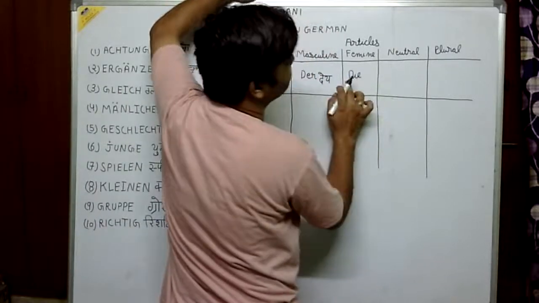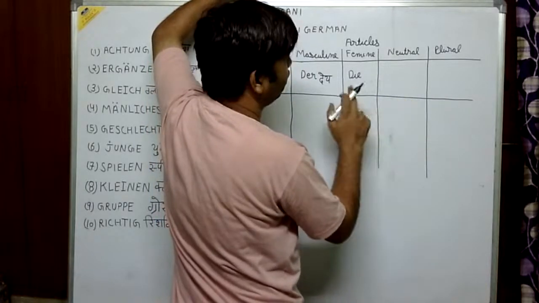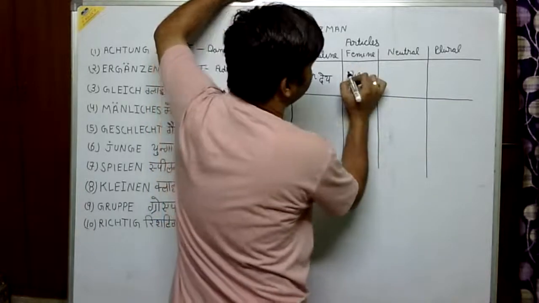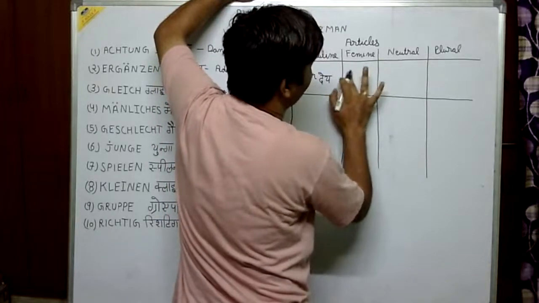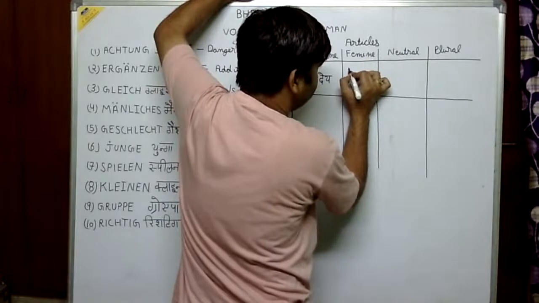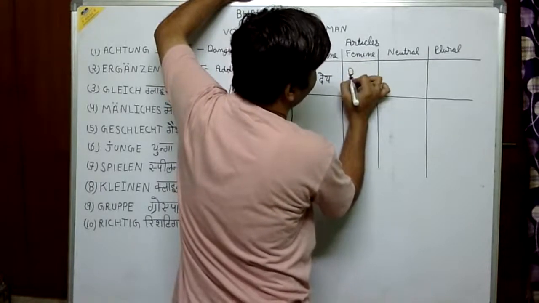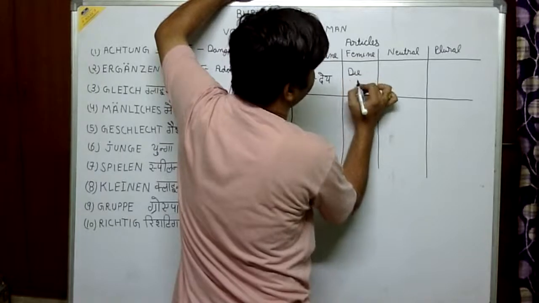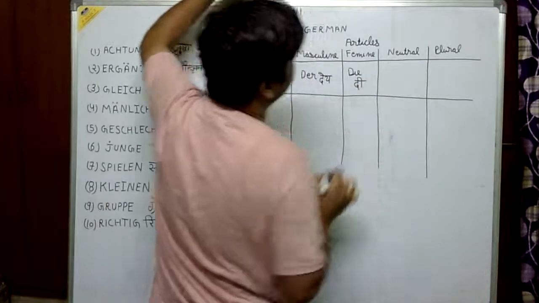Don't call it "die" as we pronounce it in English. In English we pronounce this word as "die", but this is not "die". This is die in German, and this is only used for definite feminine articles.